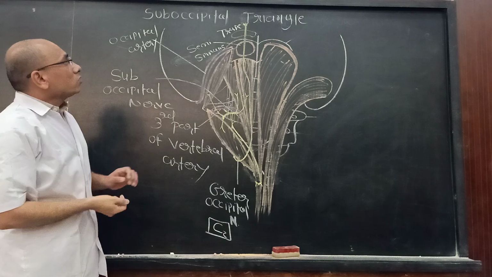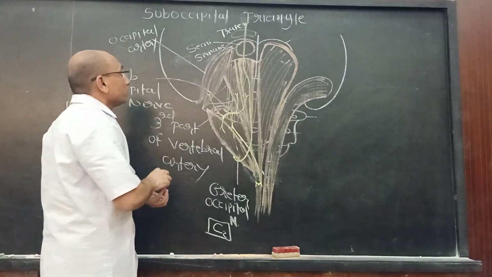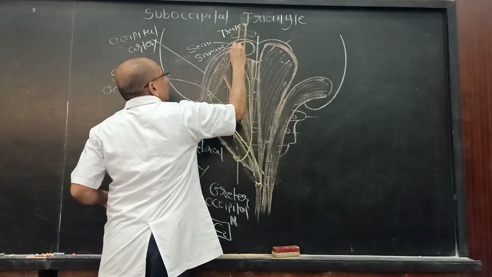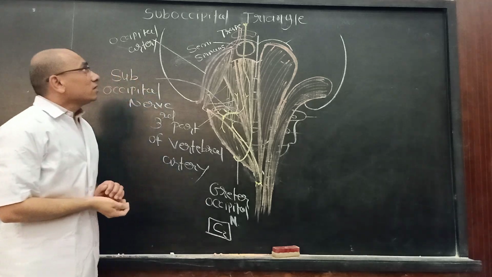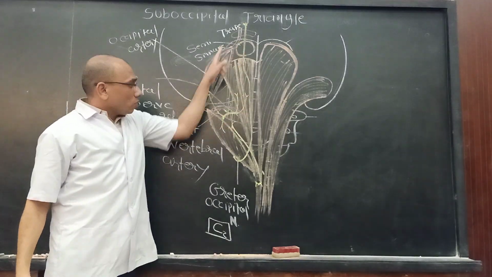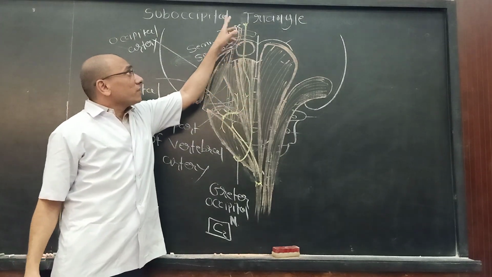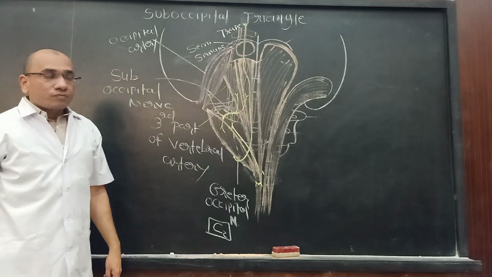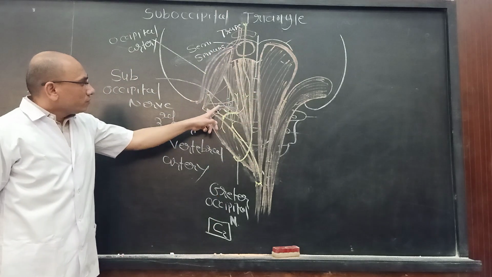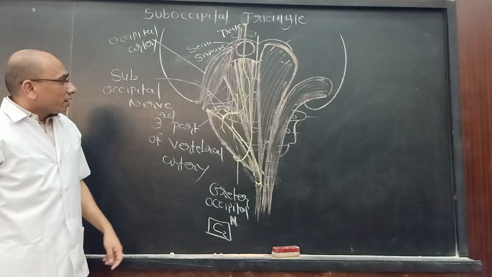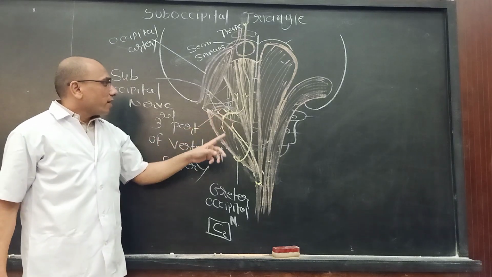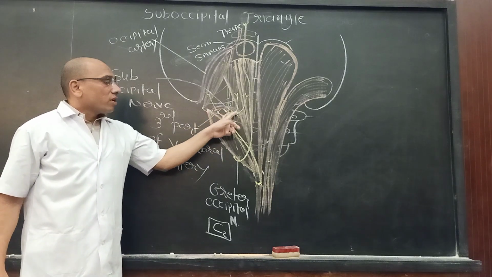This occipital artery also pierces the trapezius muscle and runs along with this greater occipital nerve, and supplies the skin of the skull. So these are the contents of suboccipital triangle: suboccipital nerve, and the third part of the vertebral artery.